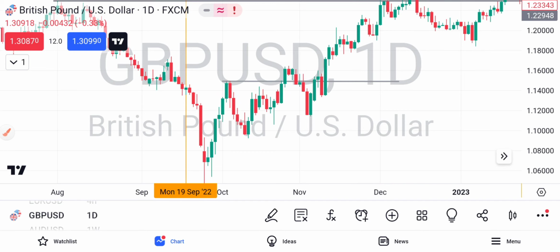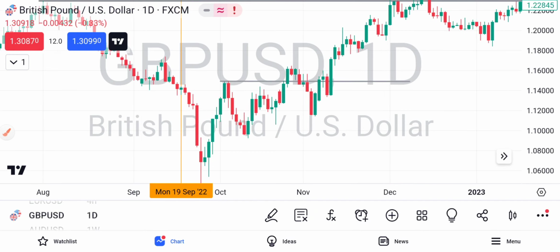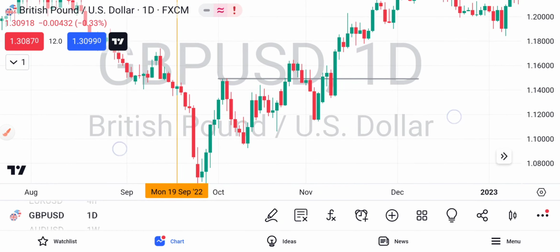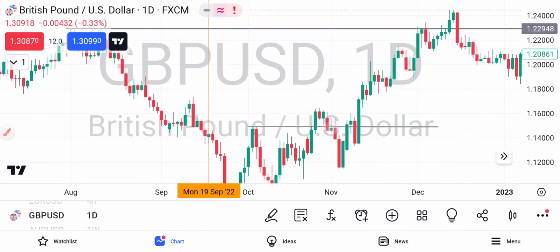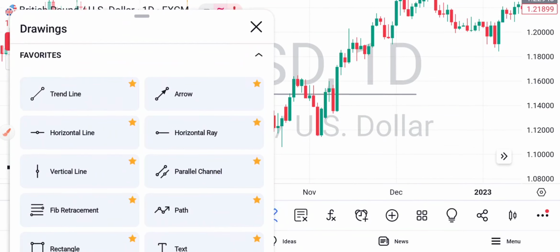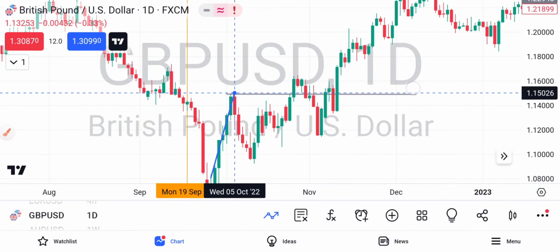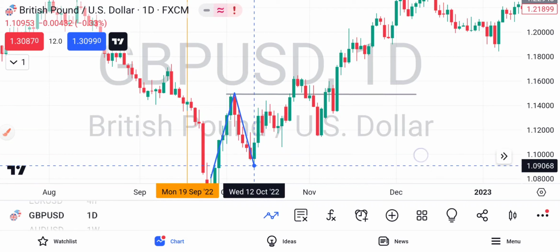They went to take out the buy stops above that high, then retraced lower. Let me follow it up from here. It went higher, then retraced.